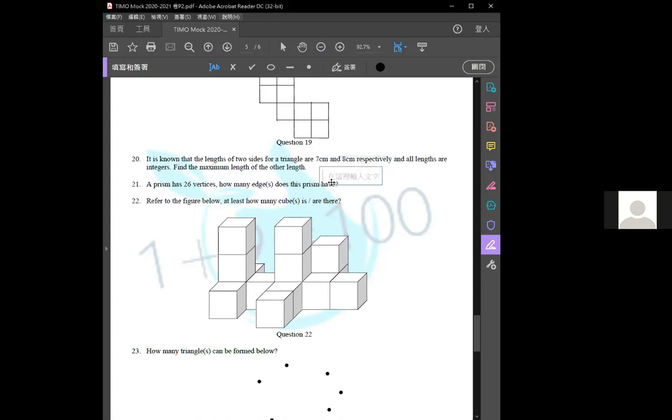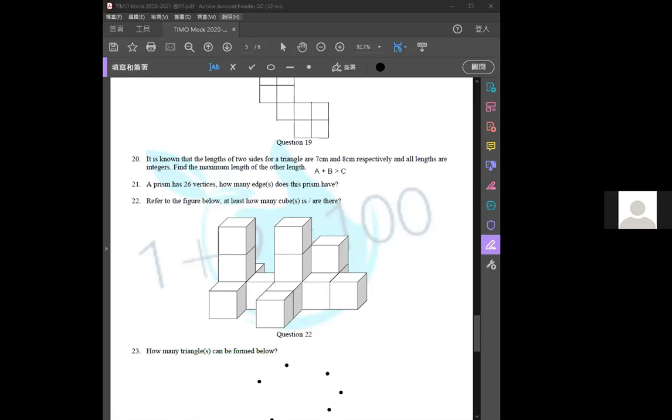The sum of two sides, A plus B, must be larger than C. If A is 7, B is 8, and C is the number we don't know, but we know the maximum, then 7 plus 8 must be larger than C. So C must be at most 14 in this case.